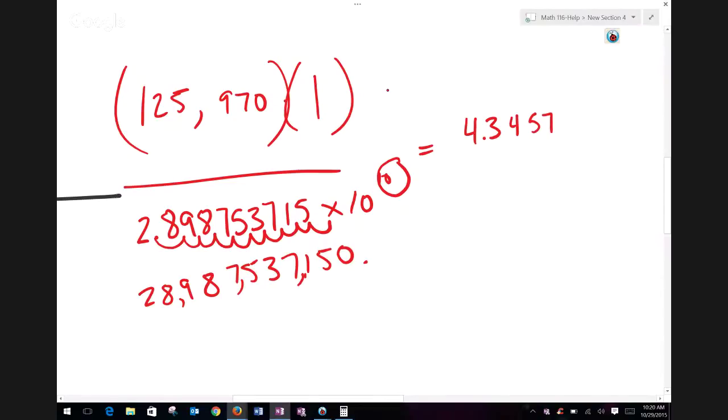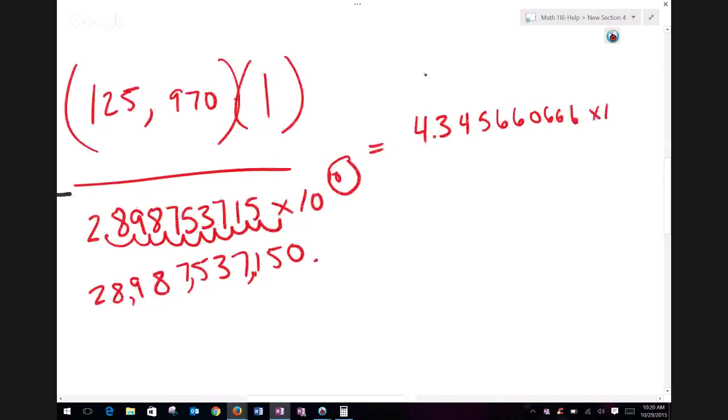4.3457, oops, 4566066, 6 times 10 to the minus 6. And that minus 6 means I'm going to move the decimal to the left 6 places. So 1, 2, 3, 4, 5, 6, right?